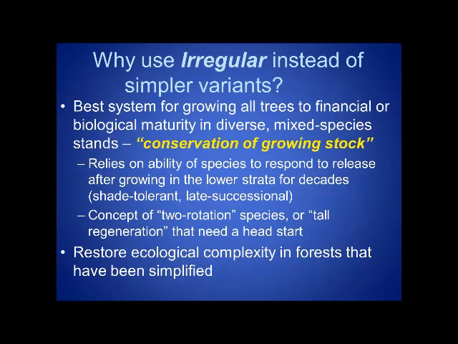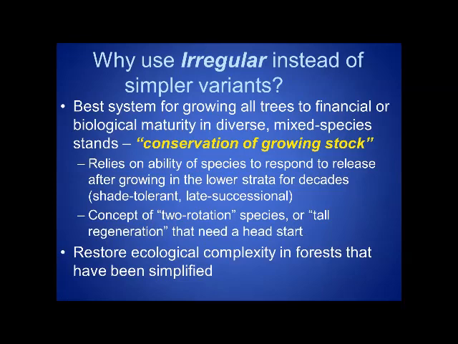That's because many of these species have a great ability to respond to release after growing in the lower strata for decades. These are, of course, shade-tolerant, late successional species. Here we get to the concept of what Dave Smith used to call two-rotation species, or sometimes just tall regeneration, which are short, old trees that can be thought of as old regeneration.